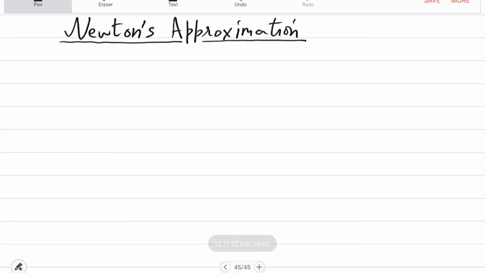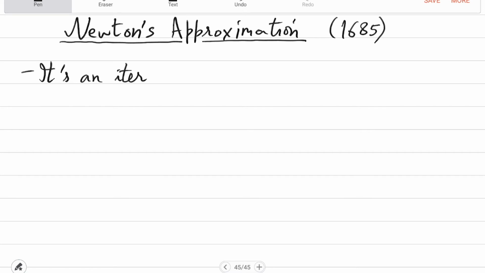So the tangent is good, helping you converge very fast to that place. So it's a very old idea. It's from the 1600s. So it is an iterative way to find roots.